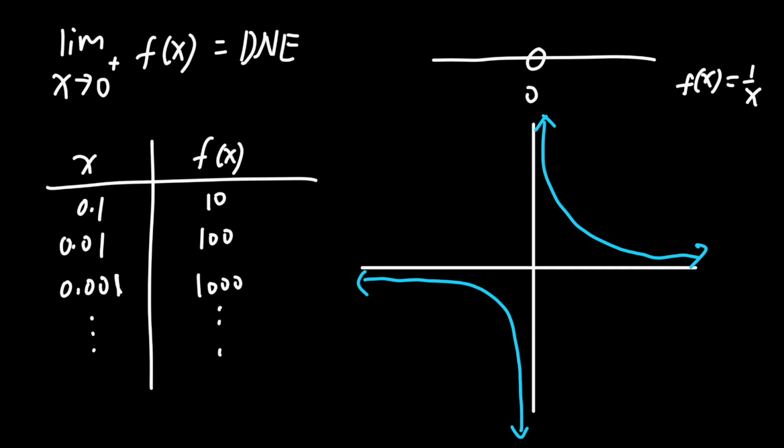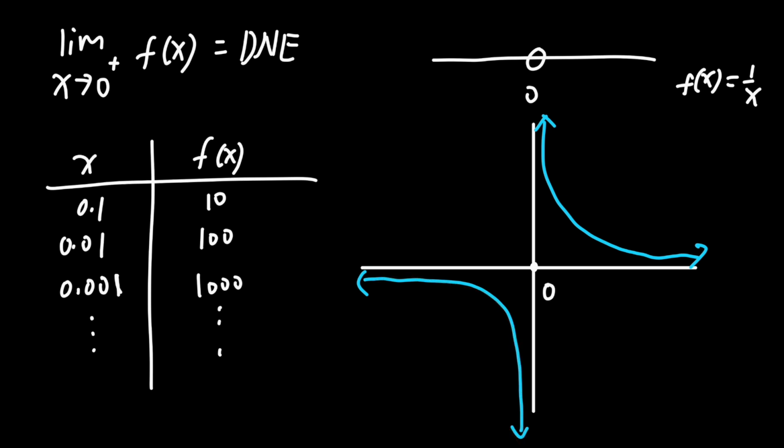But you know what? Since the 0 is right here, here's the x value. And if we start from the left-hand side, even though the x value goes towards this 0, you might see the y value goes down, right?